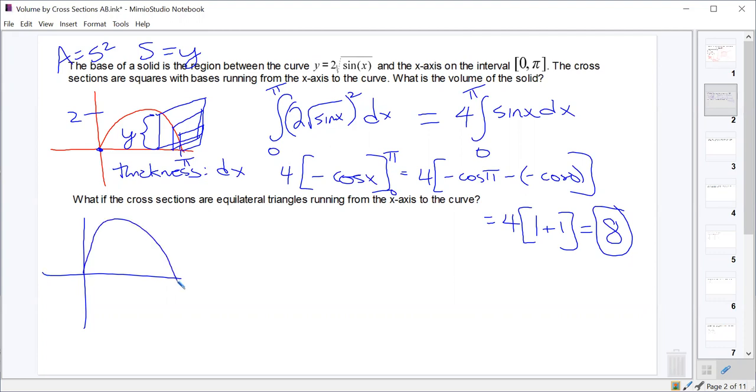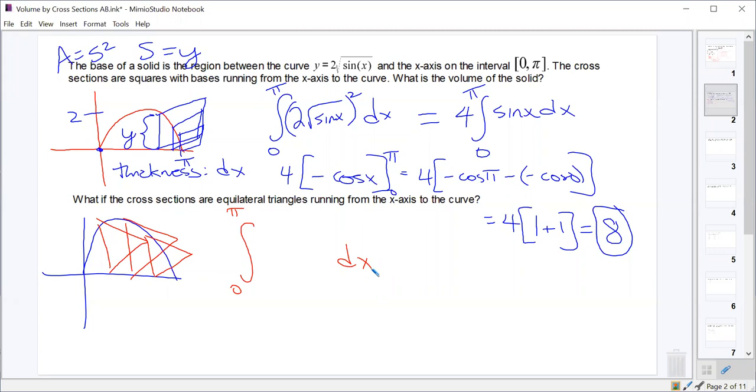There's our 2 root sine x, and the cross sections are now equilateral triangles coming straight out of the page right at you. So, is anything going to change with the limits of integration? Is the dx going to change? Is the area of the cross-section formula going to change?